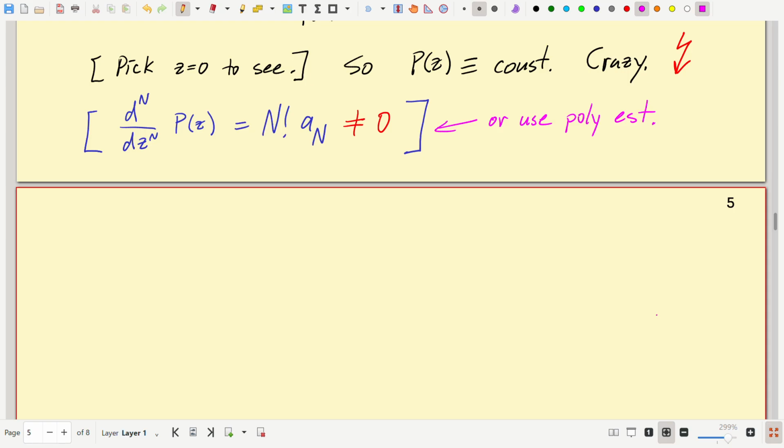And a corollary of the fundamental theorem of algebra is that polynomials can be factored over the complex numbers. By the way, there's a word for the fundamental theorem.